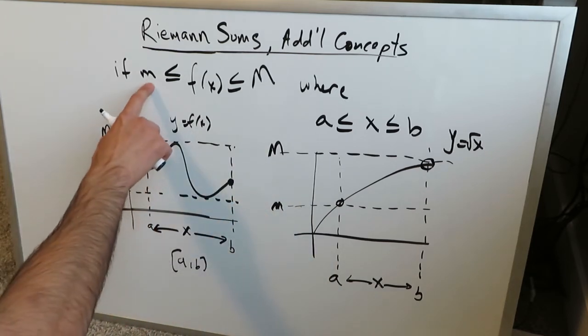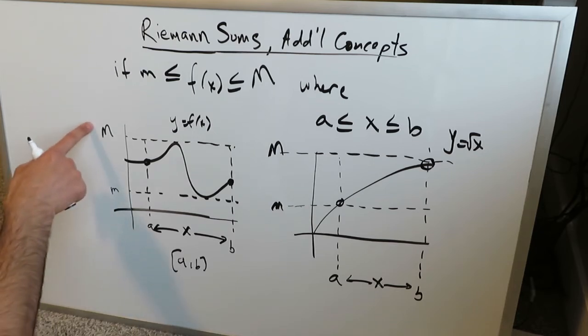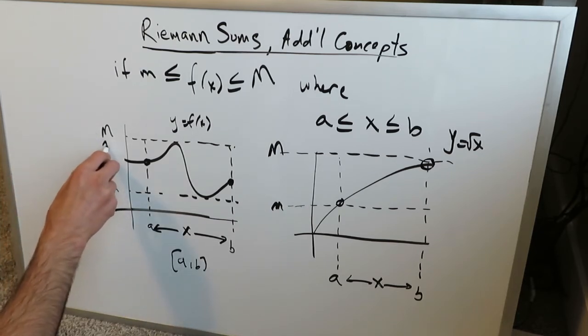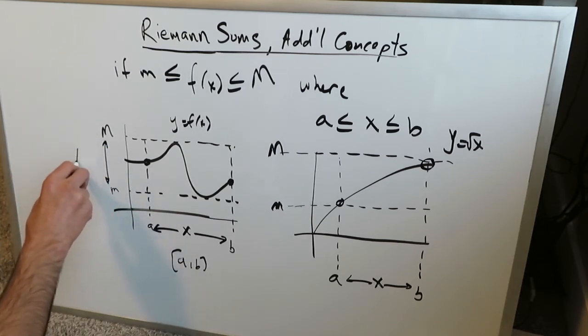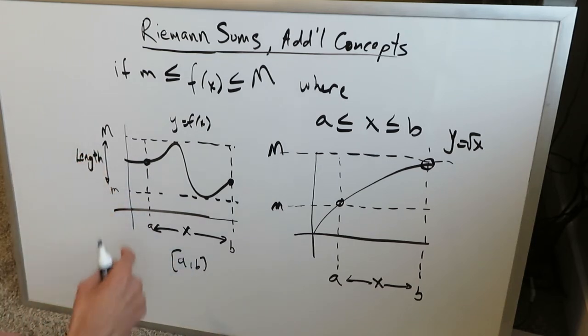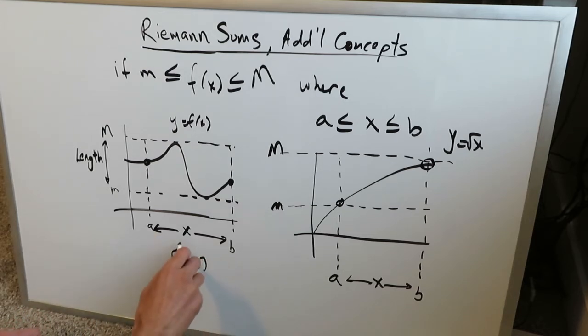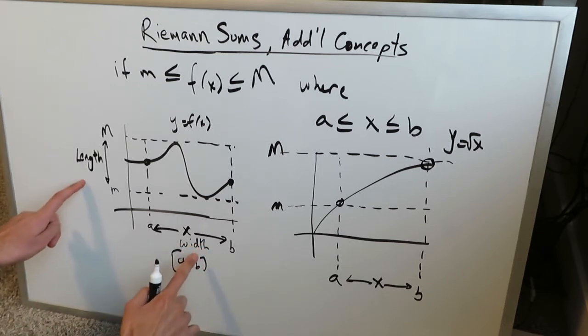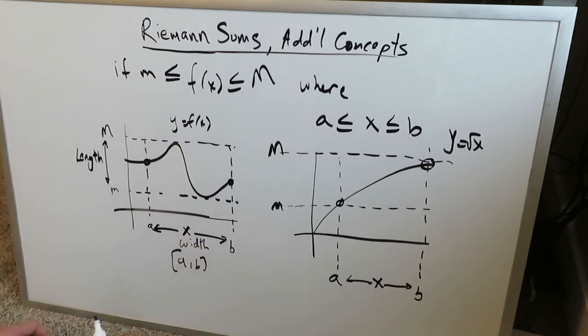Within the values of this minimum and this maximum, if you're looking at it from an up and down direction, you're talking about the length. The area of a rectangle is always length times width, and the interval across is basically the width. But when you look here, you see two rectangles forming.